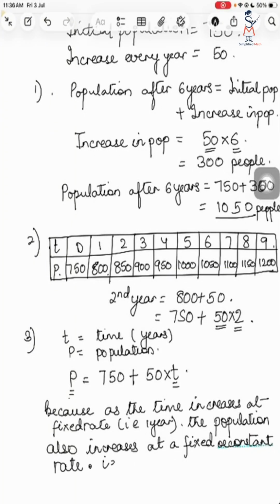Fine. That is 50 people. That's why it's a linear growth, because the increase in population is constant, and that is 50 people per year.